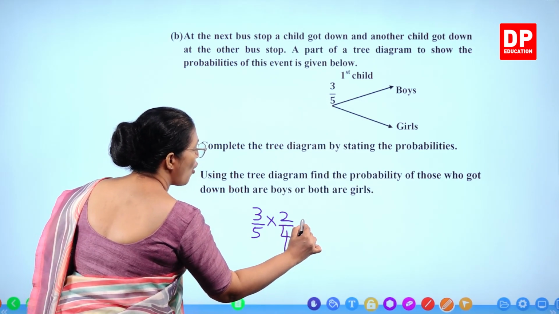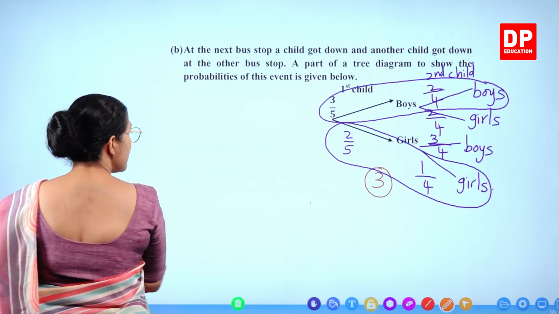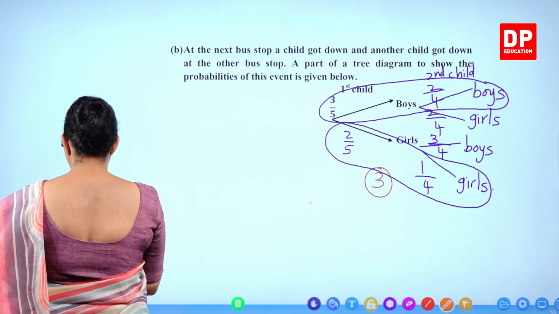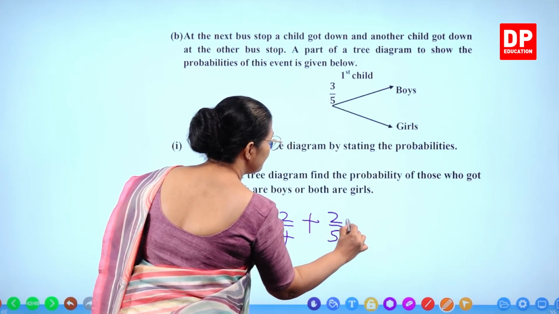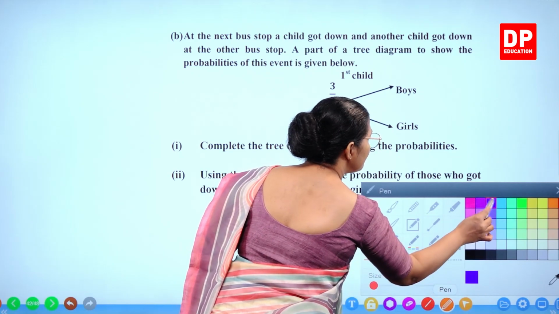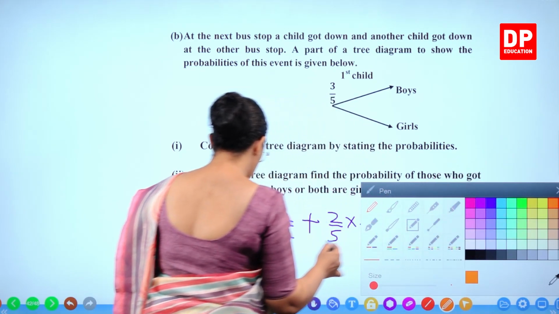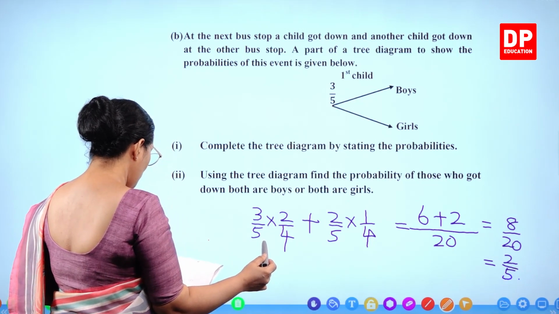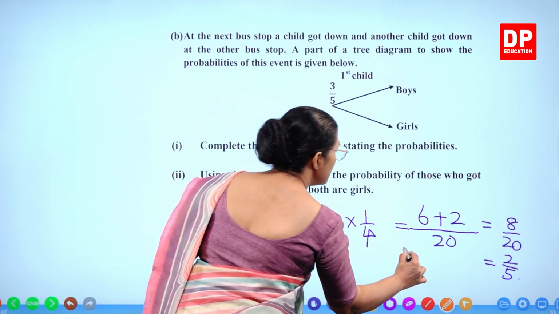That's both are boys. Or we have to add 2/5 with 1/4. So what's the total? 20 is the lowest common multiple. 3 times 2, 6. 2 times 1, 2. 8/20. When you simplify, 4 times 2, 4 times 5. That's 2/5. So how many marks for that? So you are getting 3 marks for the last part.